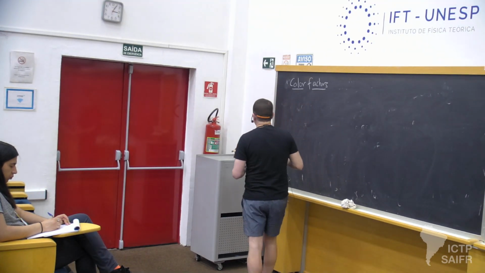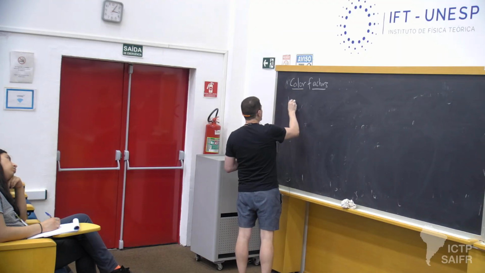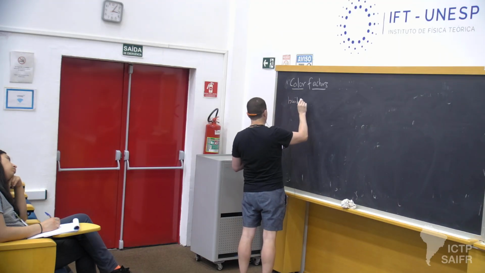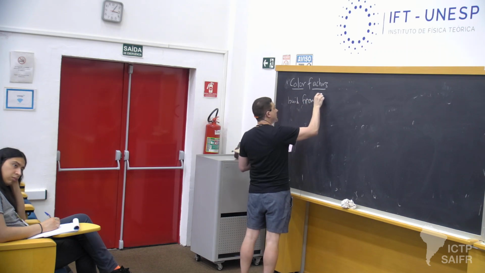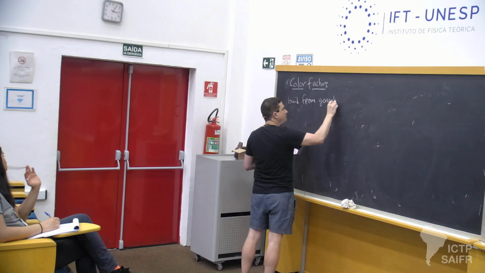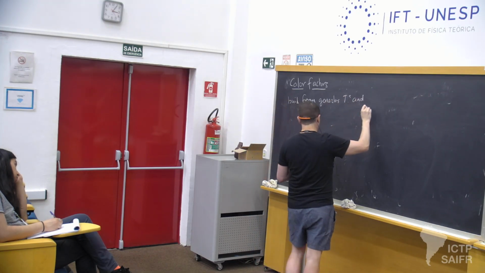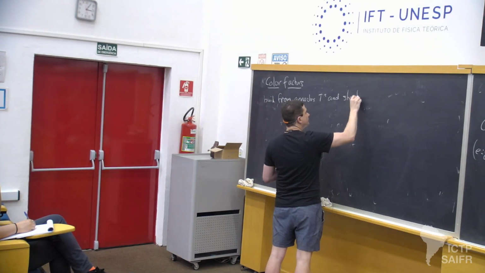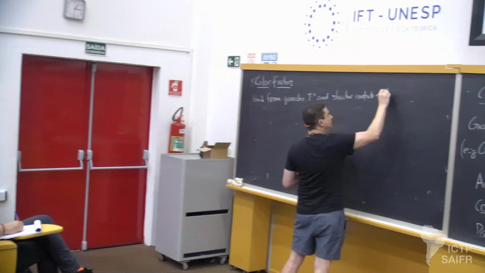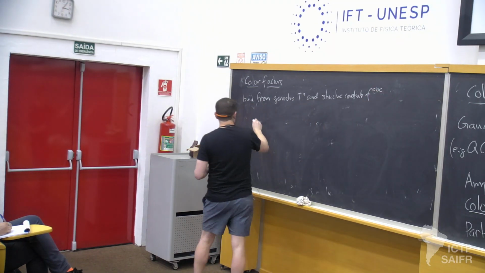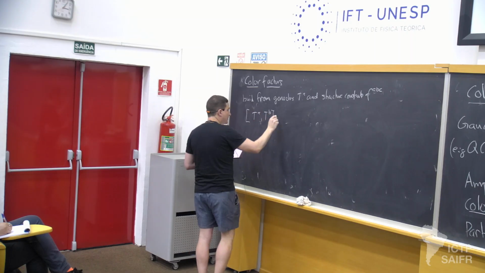Well, in the simplest case where you have fundamental and adjoint, that means that you can now build your color factors from generators, T^A, and structure constants, f^{ABC}. And of course, you know the usual relation, which is the defining relation for a Lie algebra.